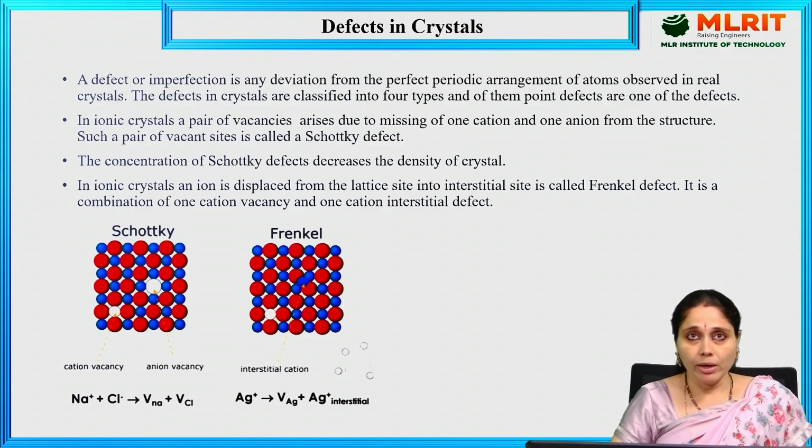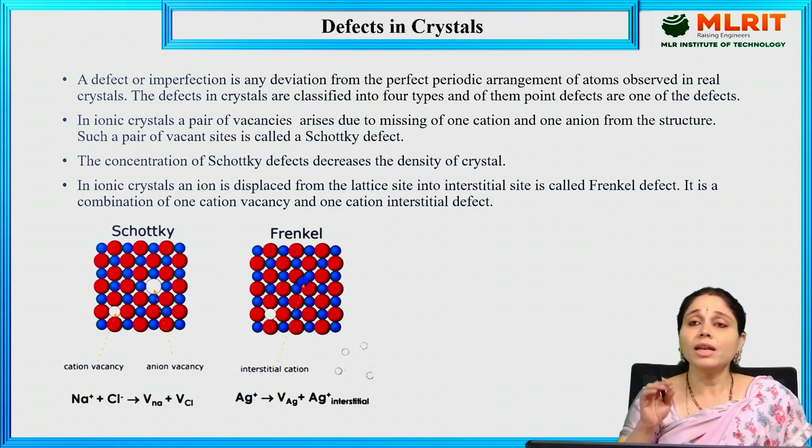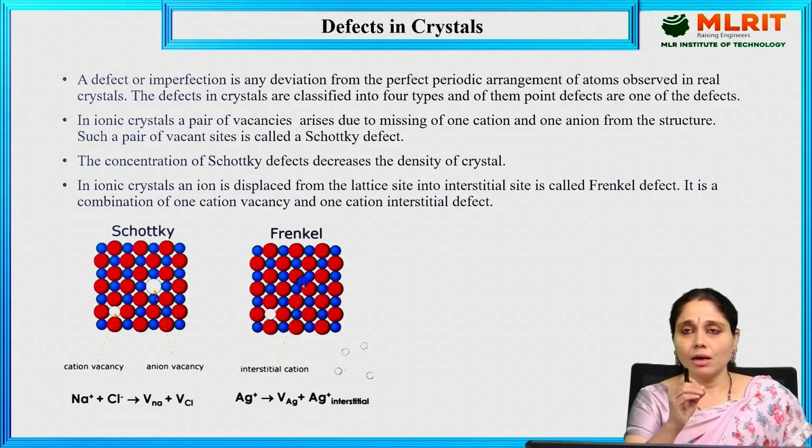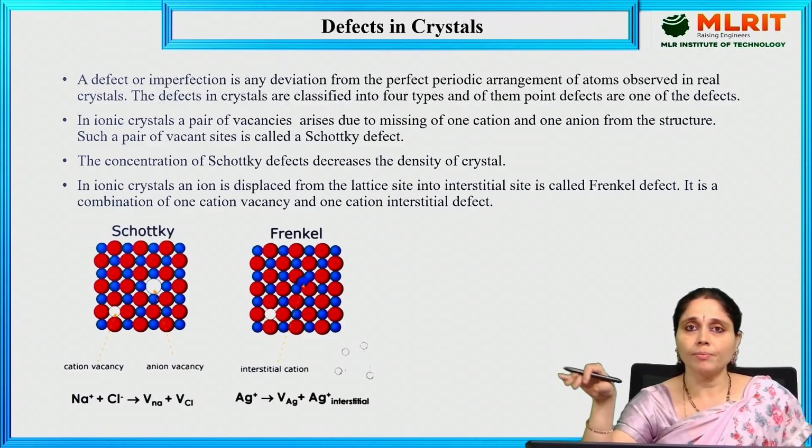Okay. In ionic crystals, a pair of vacancies arises due to the missing of one cation and one anion from the structure. Such a pair of vacancies is called a Schottky defect. For example, in a parent teacher meeting, students are arranged in particular rows, and parents are given particular rows.